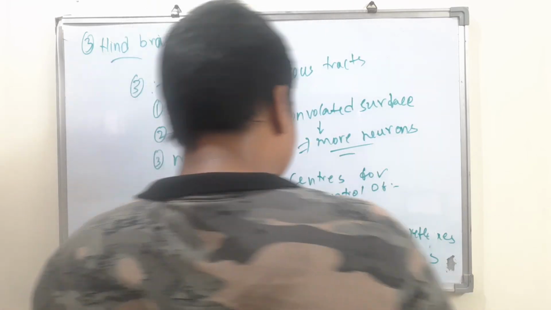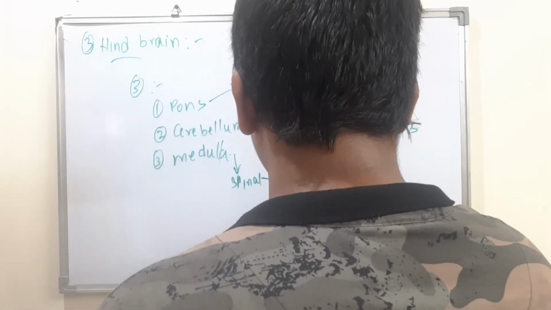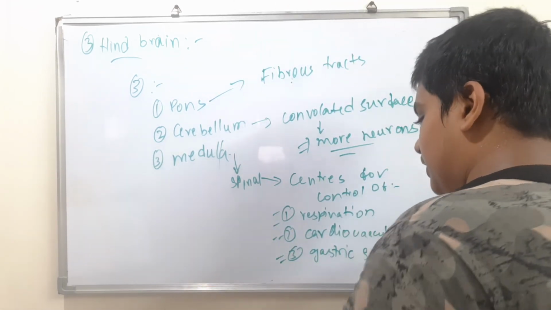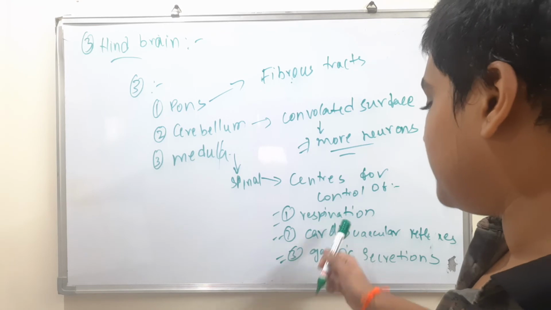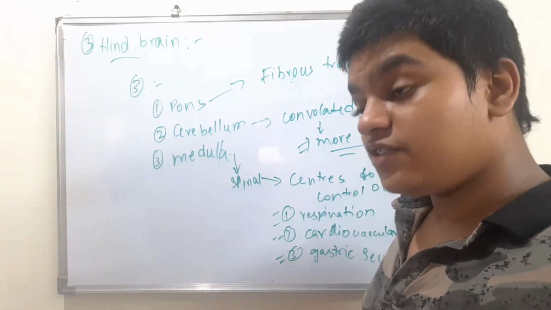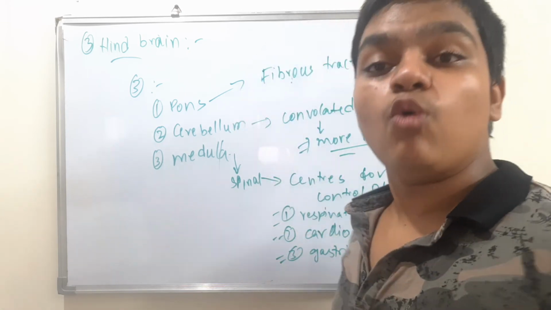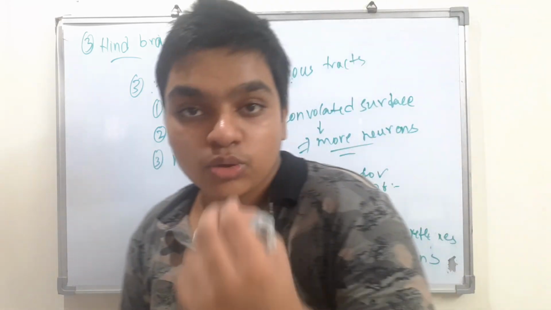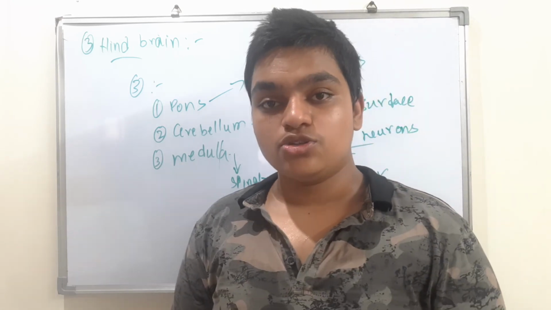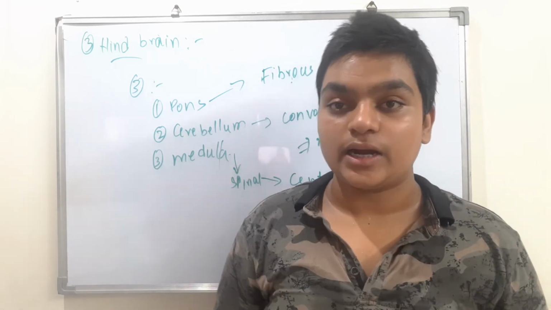These are the three centers present in the medulla oblongata, which control respiration, cardiovascular reflexes and gastric secretions. If you see, these all are involuntary functions. They happen without our interference. So this medulla is a very important part.